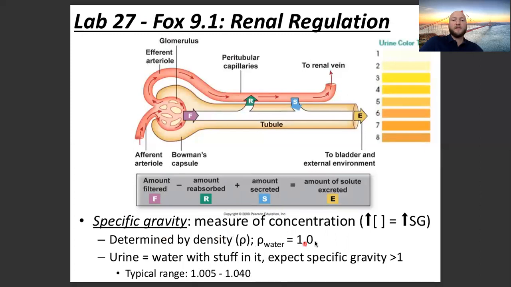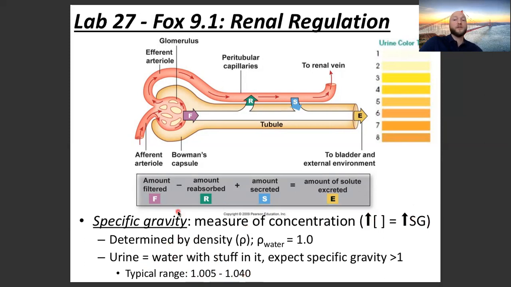The specific gravity of water is 1.0, because it's a measure of concentration. Increased concentration, increased specific gravity. So typical range, 1.005 to 1.04.